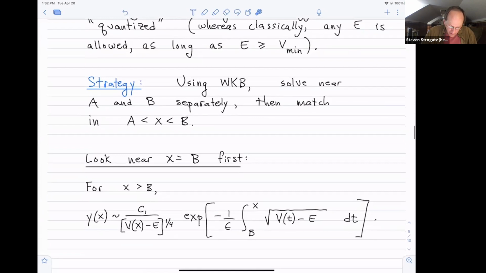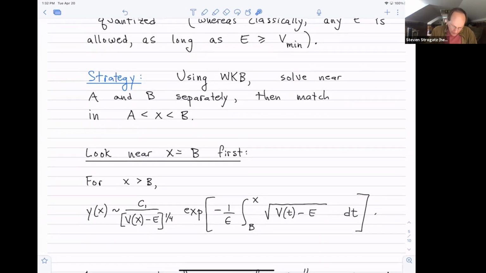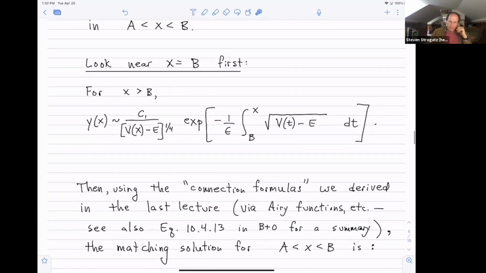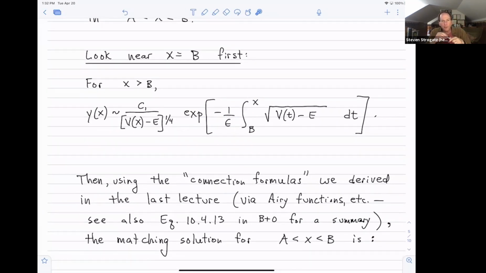All right, so looking near x equals b first, we have this exponentially decaying solution, and it's got that characteristic constant over (V minus E) to the 1/4 power that we always see in WKB. Then, this was the important part of last lecture, we derived something, I don't think I used this terminology, connection formulas, but that's what they're called.